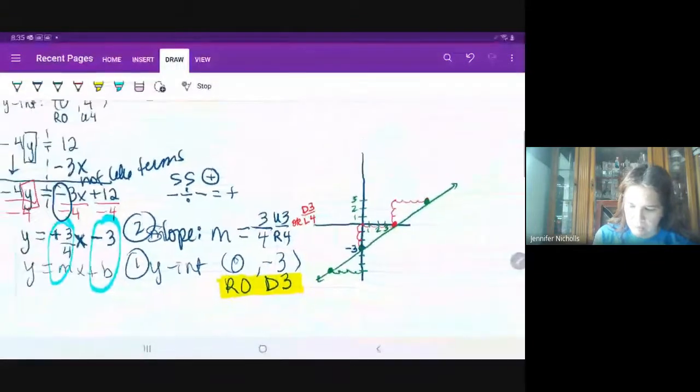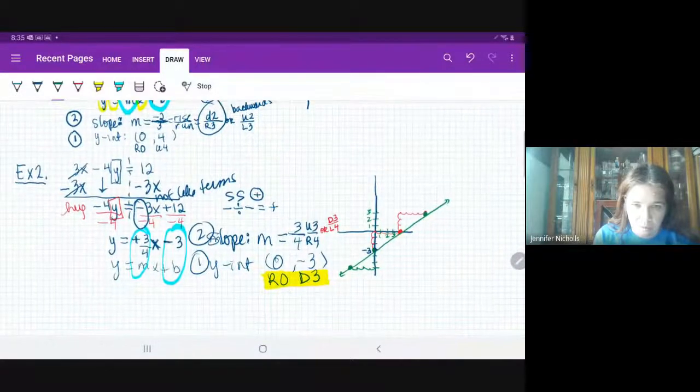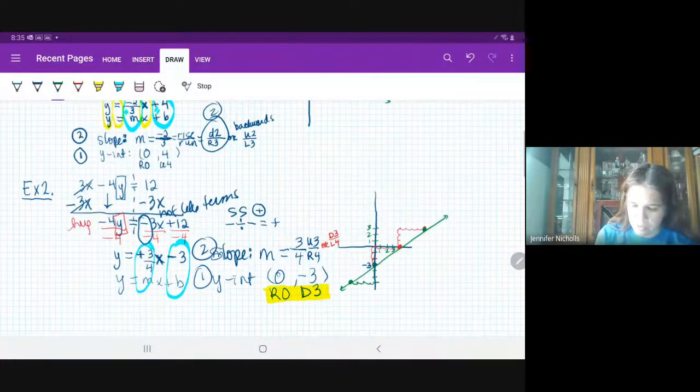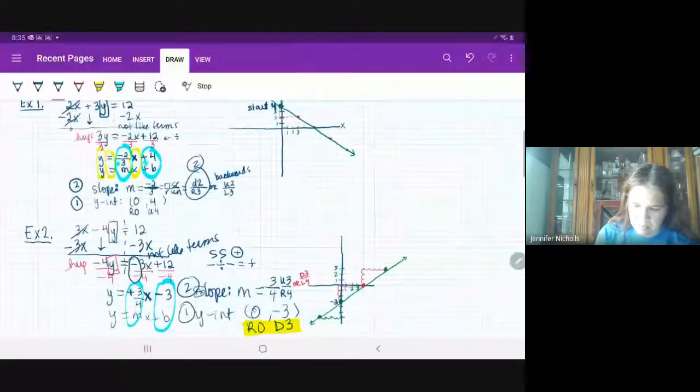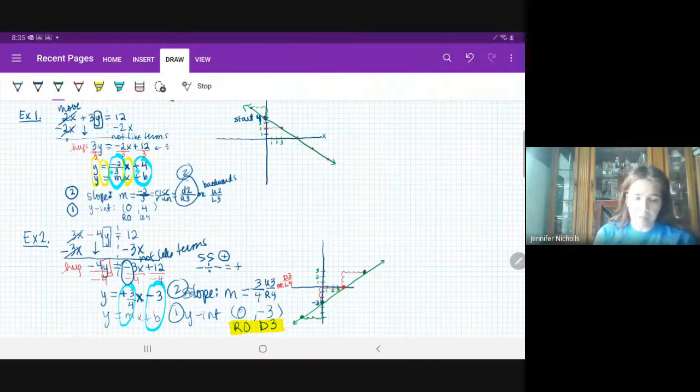Okay, so I'm going to zoom out so that you guys can see both examples. And then I'm going to write the homework problems to the right here. So this is homework 62.